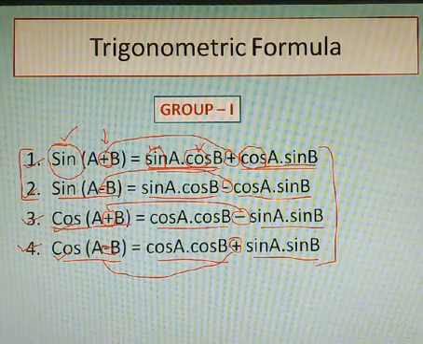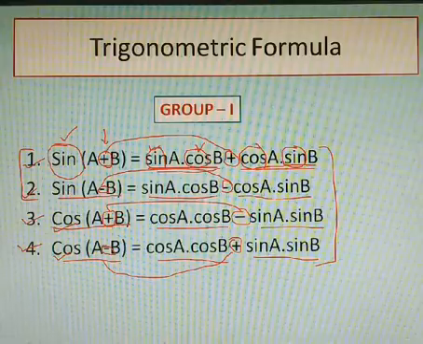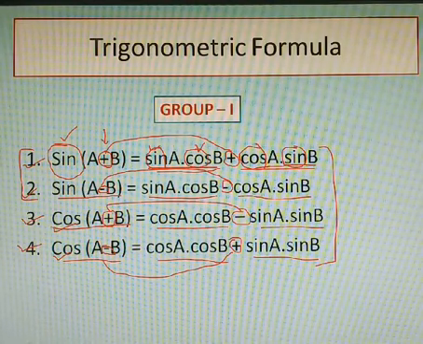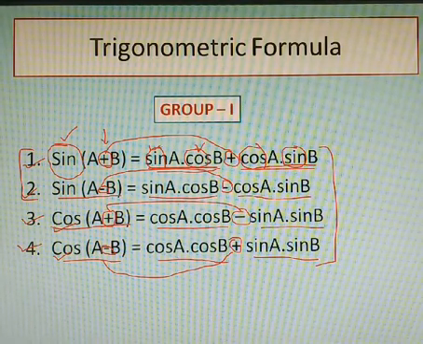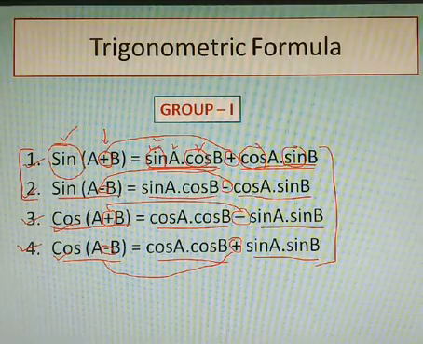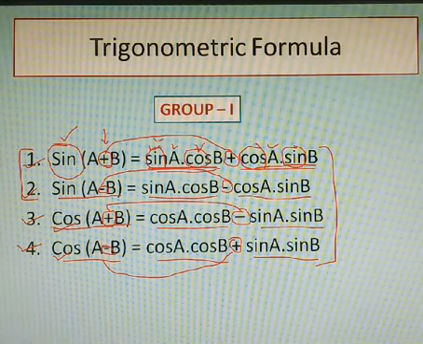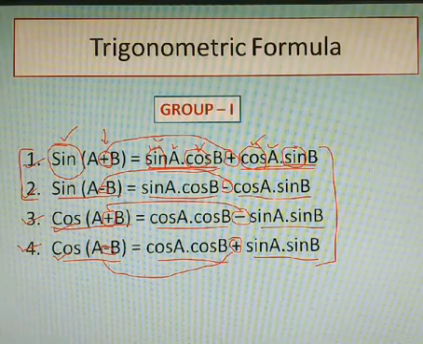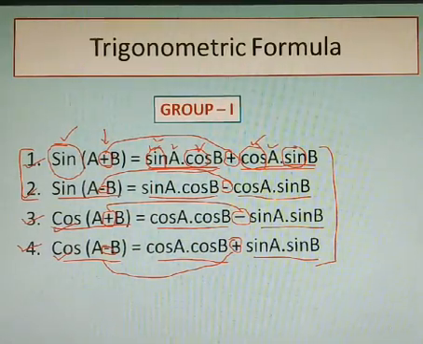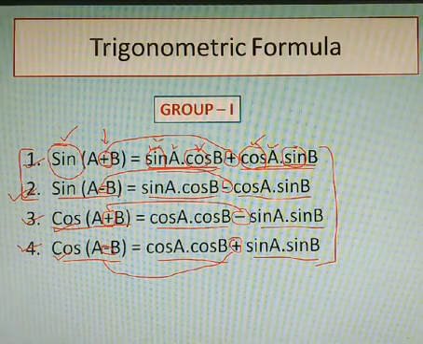Similarly, cos as well as sine in the second part. But there is one change, that is the exchange of the angles. Here we can see angle A with sine, but in the next part, angle A is with cos. Similarly for angle B. The same thing goes for formula number 2.